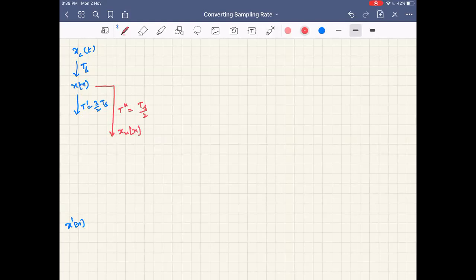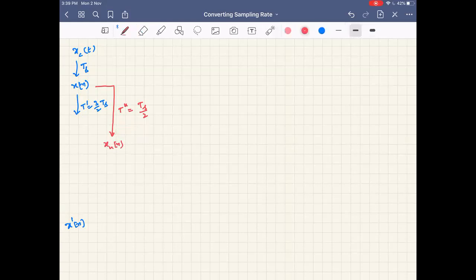After I get this, what do I do? I will do the next step, that is, I will perform downsampling of this x_u[n].